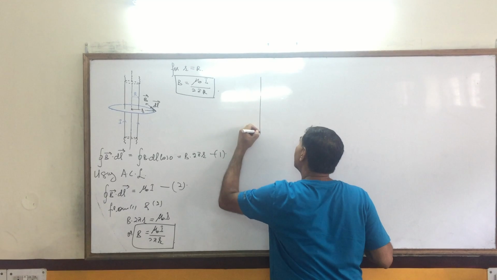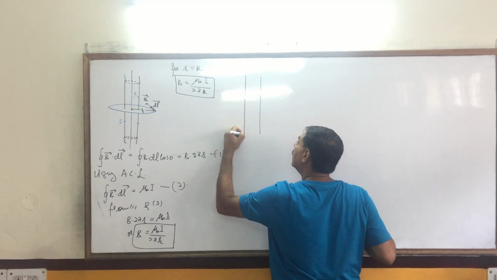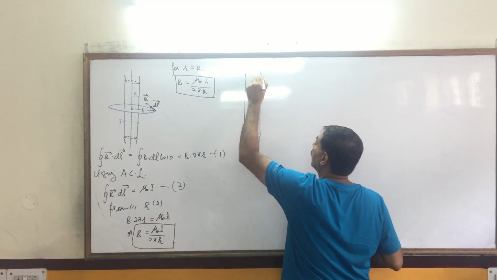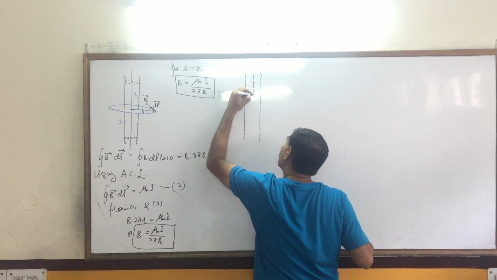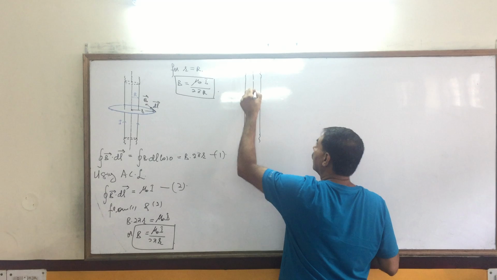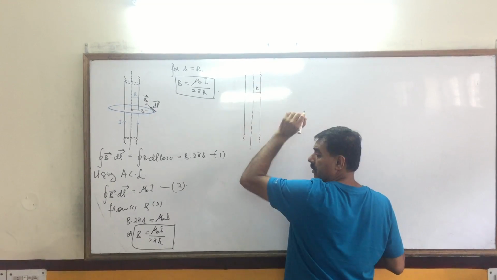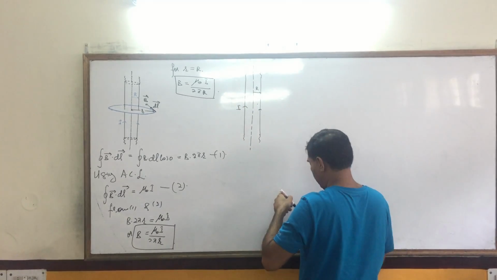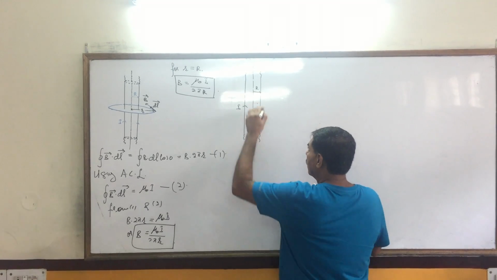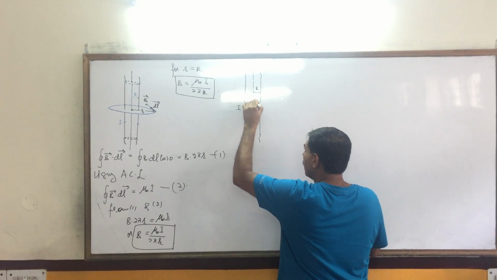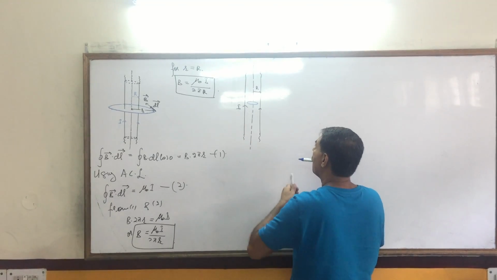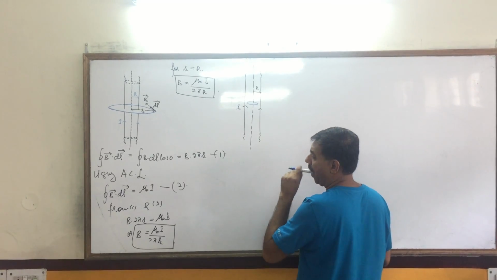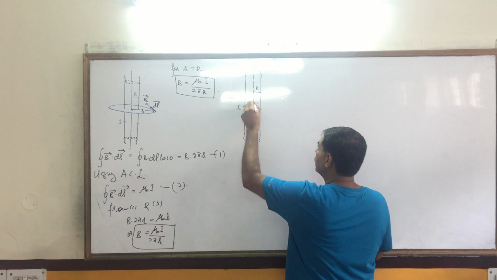So if this is the wire, this is the radius.